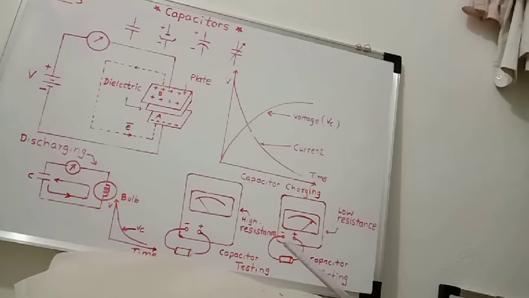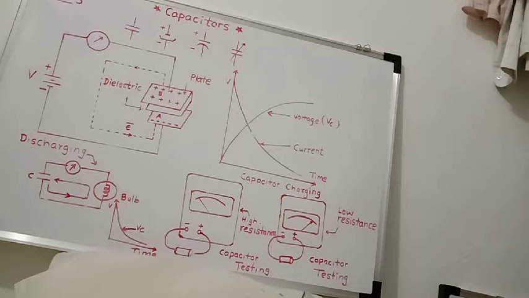So when the capacitor is connected across the multimeter with the ohm range, the pointer shows full deflection. An analog multimeter is used here. So here the pointer shows full deflection with a low resistance. Initially this capacitor offers very low resistance.